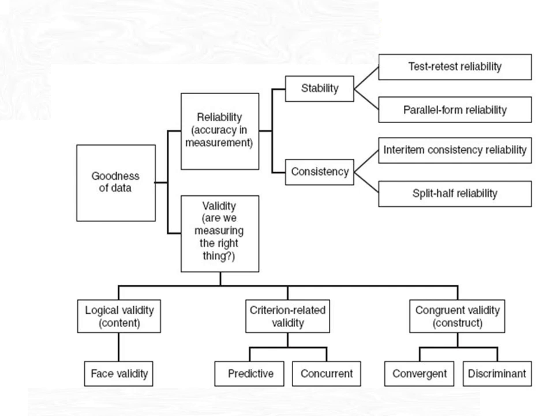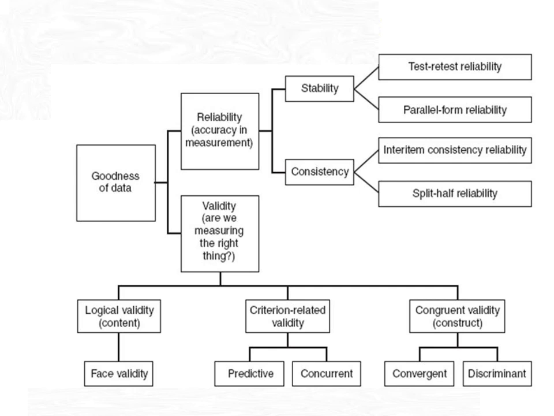To check stability, there are two main reliability tests: test-retest reliability and parallel form reliability. For consistency reliability, there are also two main tests: inter-item consistency reliability test and split-half reliability test. And when we test the validity of our data, validity is basically divided into three parts: logical validity, criterion-related validity and congruent validity.